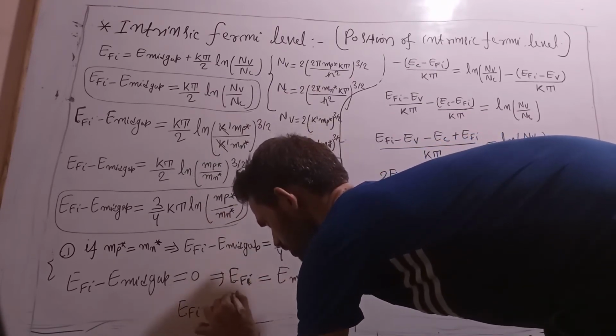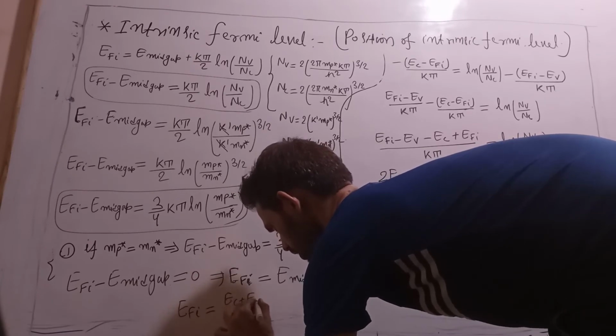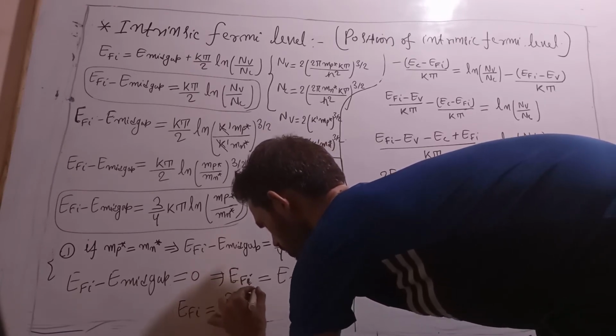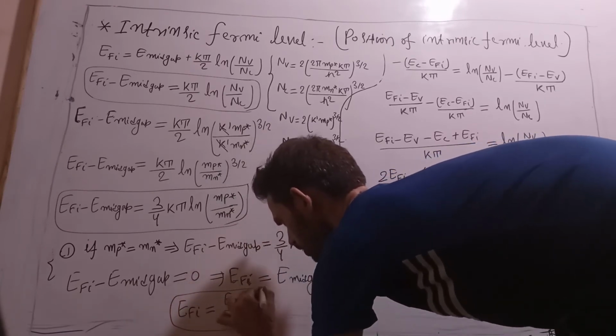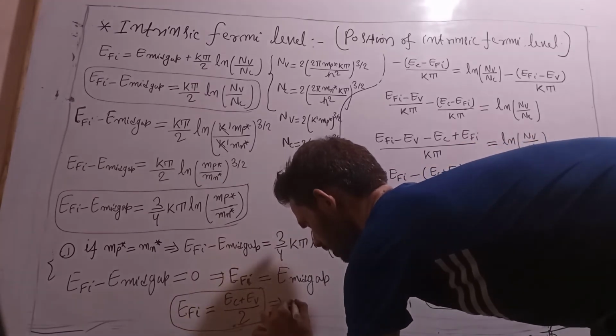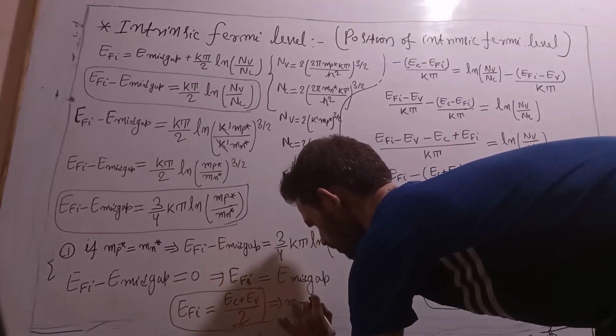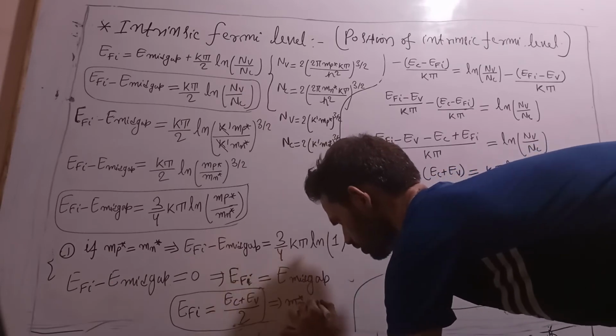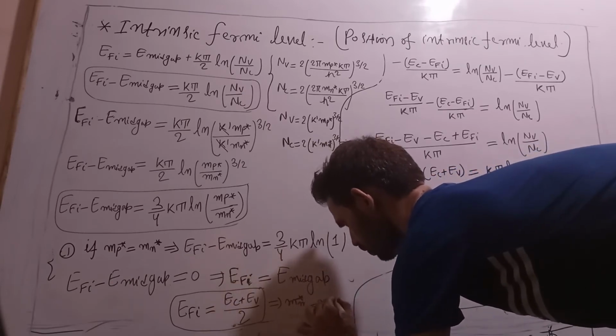So we can see that the Fermi energy level EFi is equal to E mid gap, which is EC plus EV by 2. This is when the effective mass of electron is equal to the effective mass of hole.